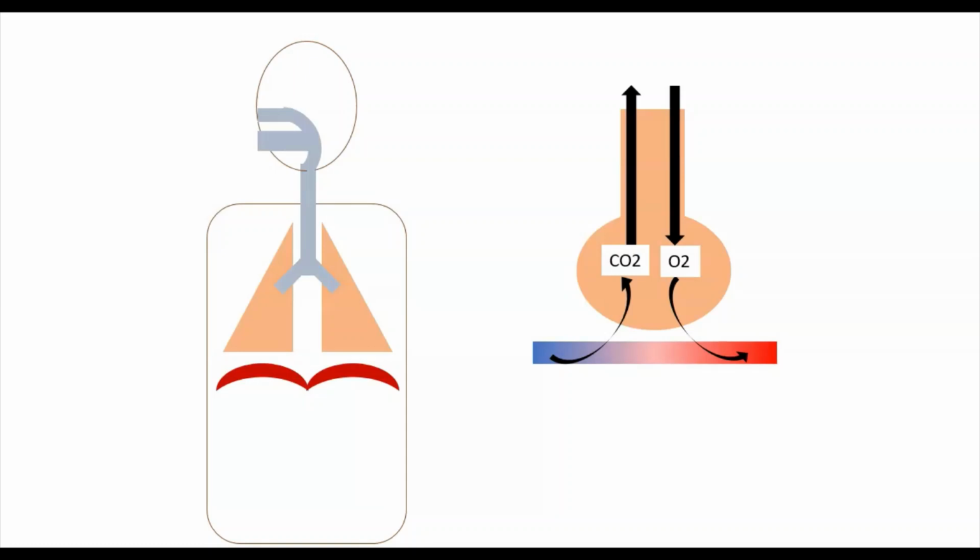Well, the answer lies in the body's amazing mechanism to maintain VQ match through something known as pulmonary hypoxic vasoconstriction. The principle here is that poorly ventilated lungs must also be poorly perfused to maintain VQ match, and by not perfusing poorly ventilated lungs, blood can be diverted to well-ventilated lungs to then maintain VQ match that way.